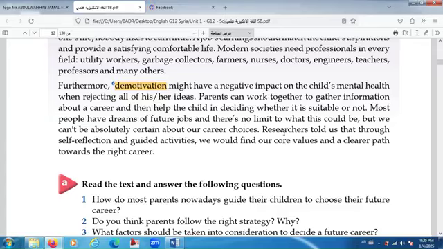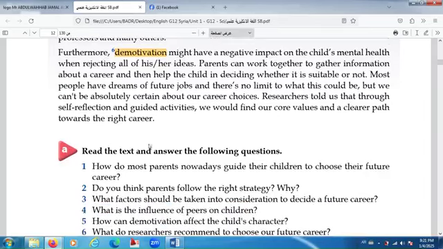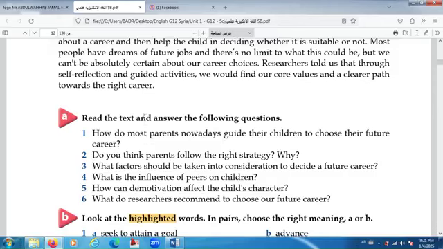And we gave an example of the researchers and how they support the children, and some solutions, for example, like aptitude tests or guided activities in order to make a self-reflection.